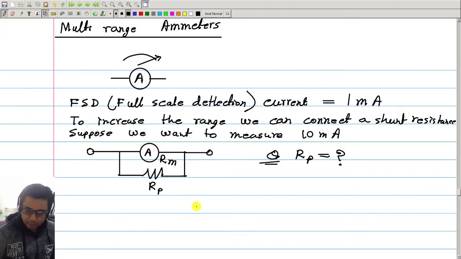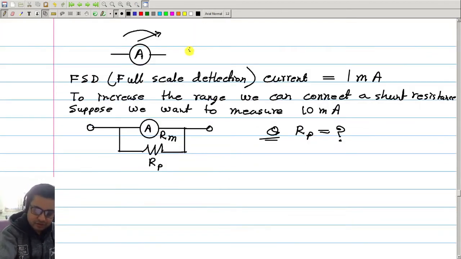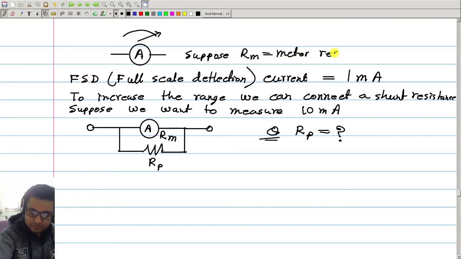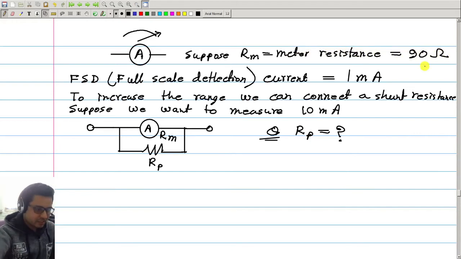Suppose the meter resistance Rm is given as 90 ohm, just for an example. Then what should be the value of the parallel resistance so that this can measure 10 milliampere? How do we solve this?